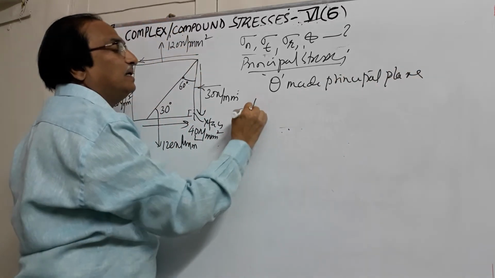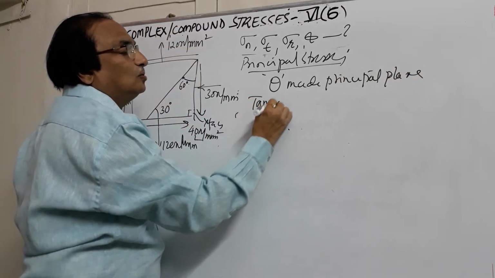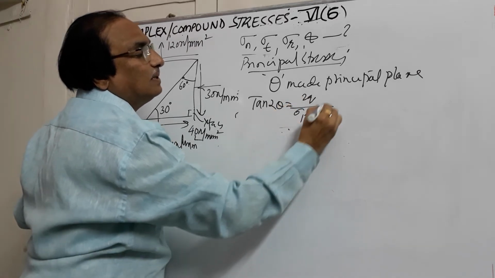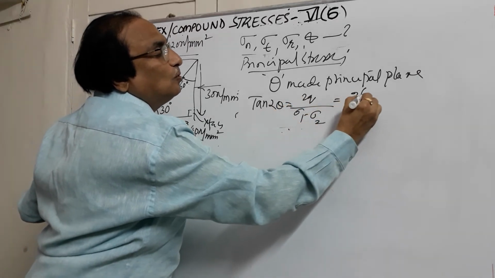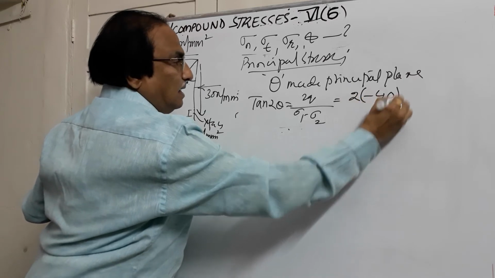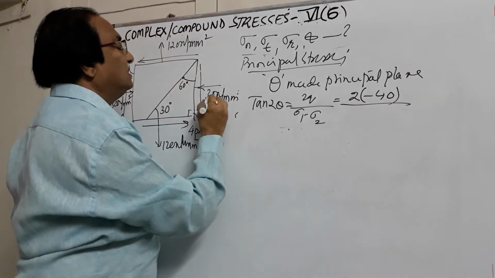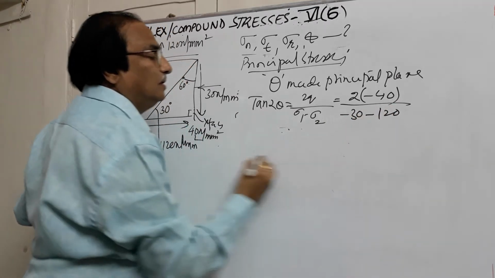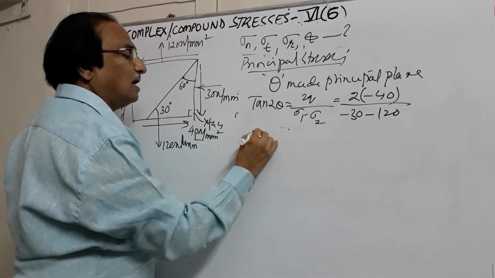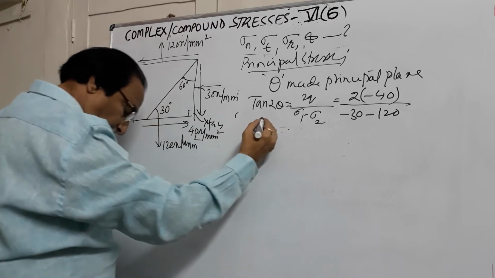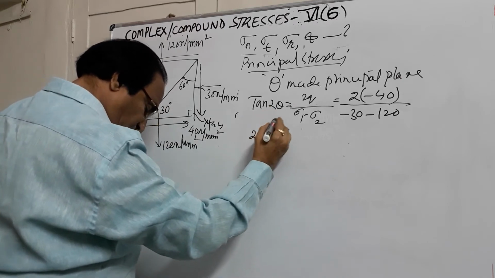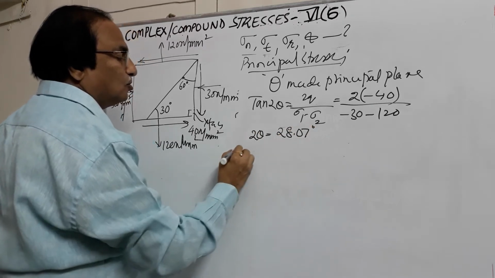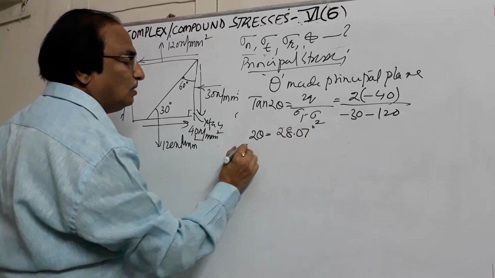We use this relation: tan 2 theta is equal to 2q divided by sigma 1 minus sigma 2. This is equal to 2 into minus 40 divided by minus 30 minus 120. So you get 2 theta equal to 28.07 degrees. So you have got two values of theta.